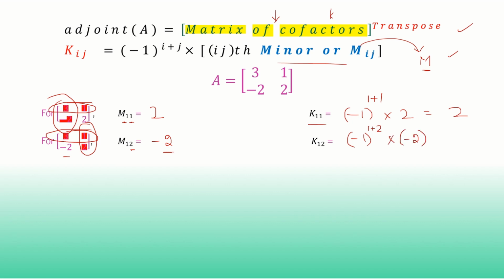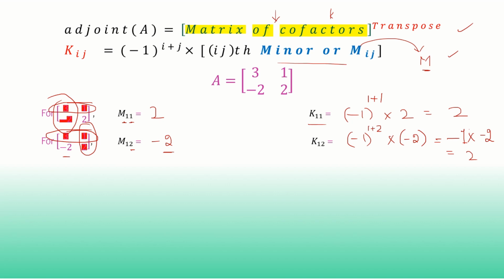I'll have to be very careful because I have a minus sign. Now minus 1 raised to the power 3, it's an odd number, that's going to be minus 1. If I write it like this, multiplied by minus 2, minus 1 times minus 2 is going to be positive 2.